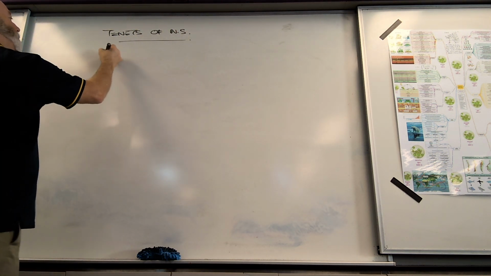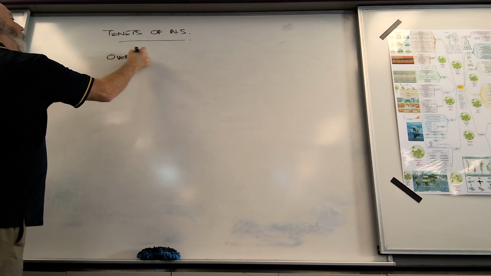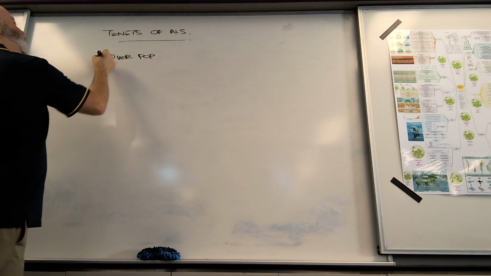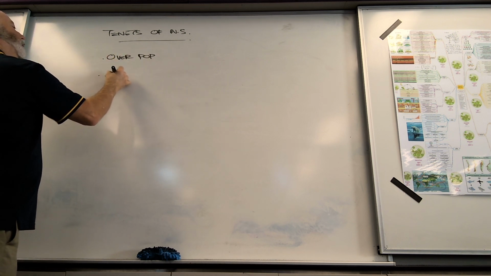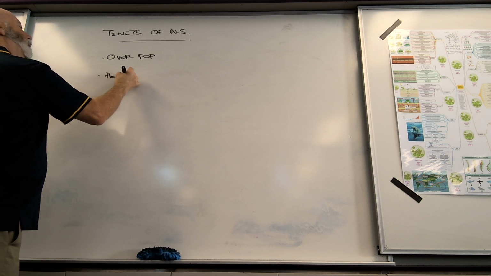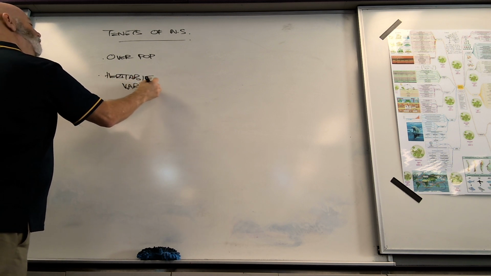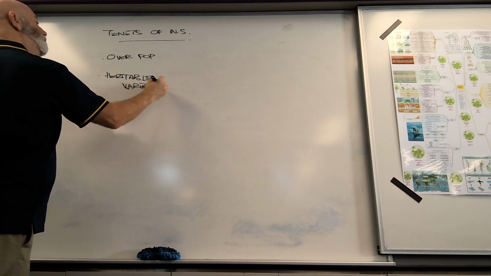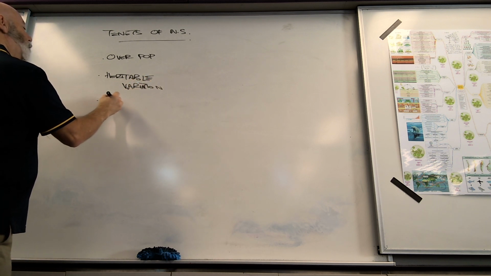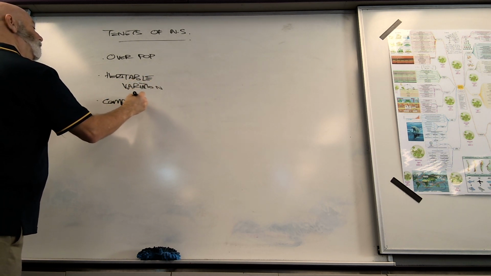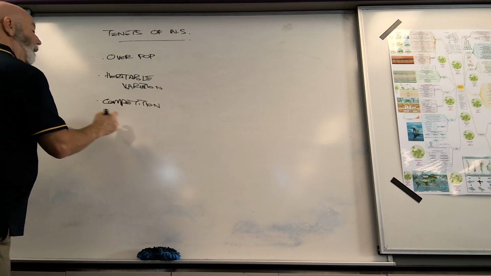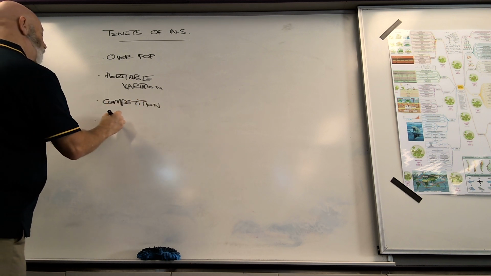There's 4 of them. Overpopulation, heritable variation, competition, and survival of the fittest.